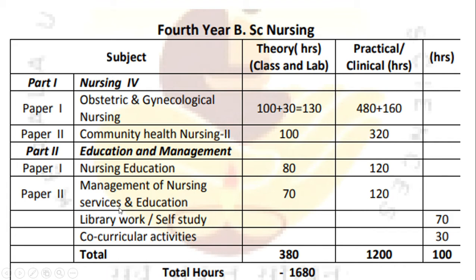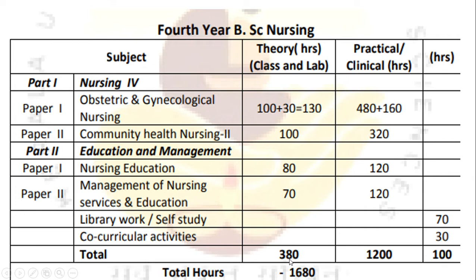In theory, OBG is 130, community 100, nursing education 80, and nursing administration nearly 70. So 380. Along with that, library or self-study is 70 hours and co-curricular activities 30 hours.